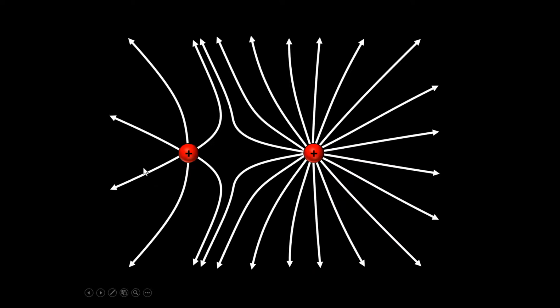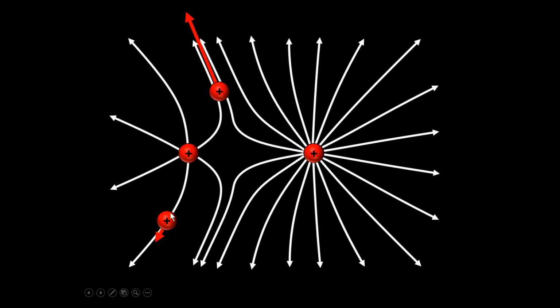And again, we're coming back to what field lines show us, that if I had a positive charge right here, these field lines are very close together. And remember, it's the number of field lines in a given area that tells us the strength of the electric field. So a positive charge here would experience a pretty big force off in that direction.